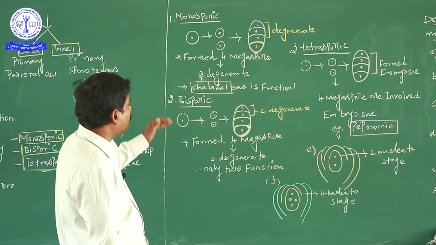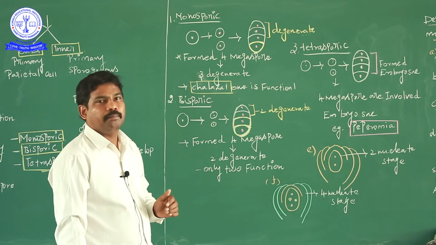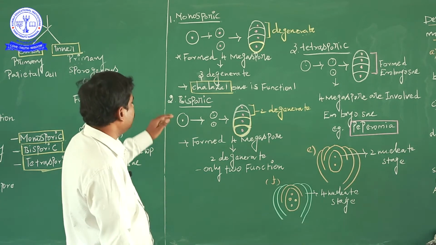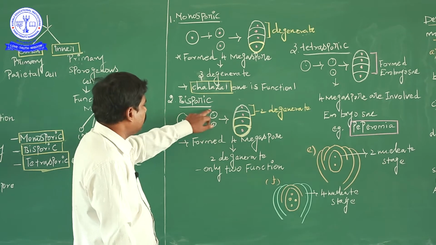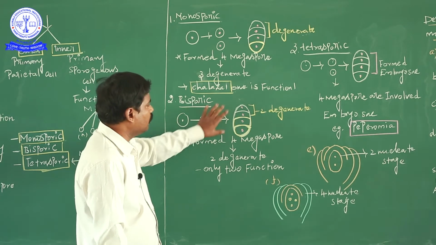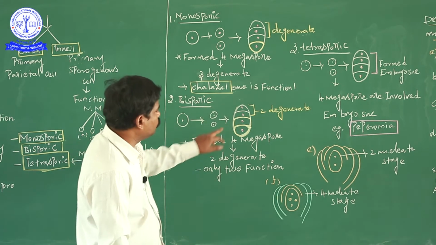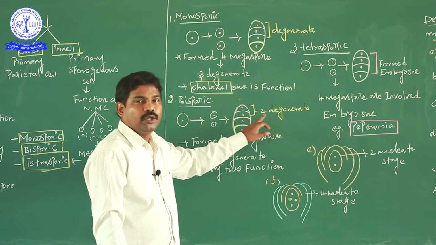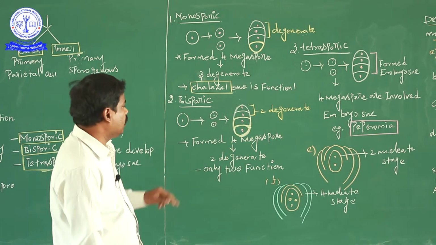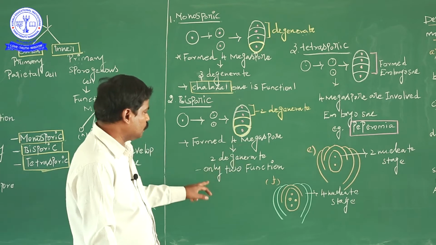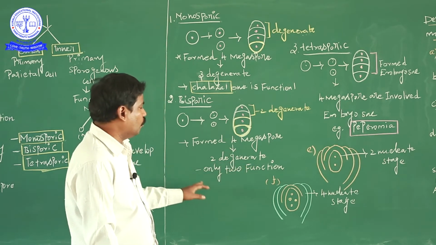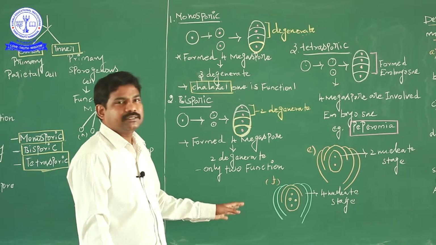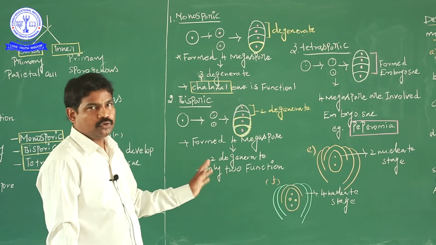Then the bisporic embryo sac. Bi means 2. Again, cells are formed, and 4 cells in total. 2 cells are degenerated and only 2 cells are functional, formed from the 4 megaspores. That is called the bisporic embryo sac.